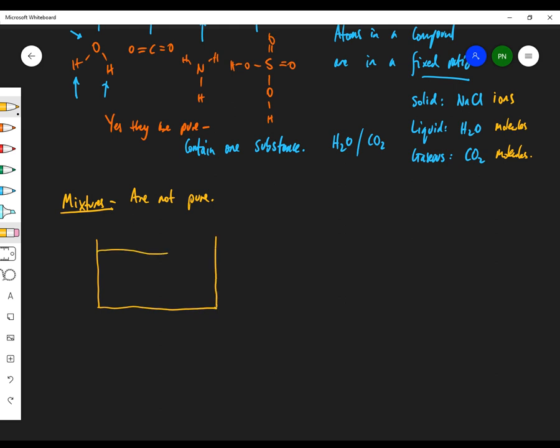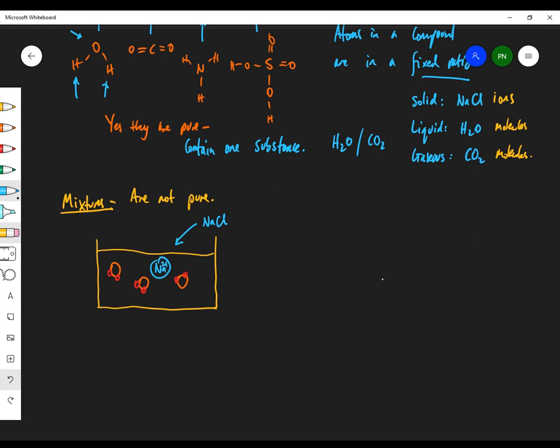We've got a glass of water, and these are H2O molecules. Let me draw my little H2O molecules. It's pure water at the moment, but if I dissolve into this sodium chloride, sodium ions.